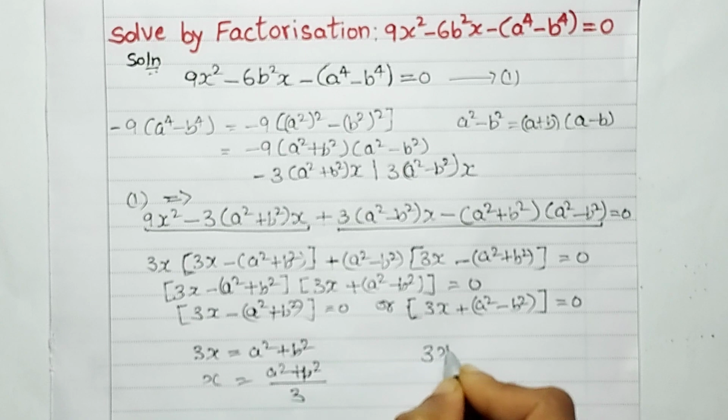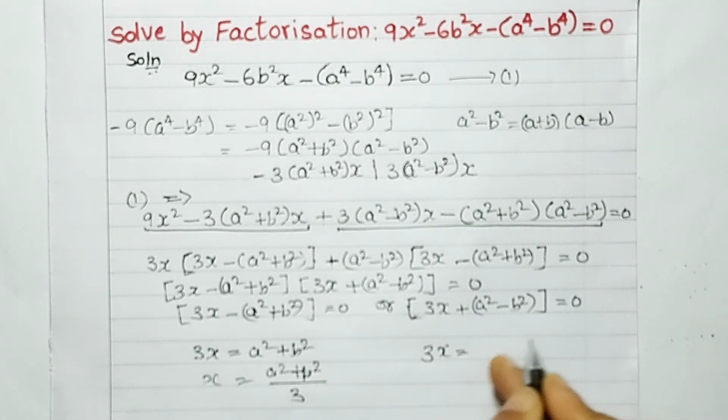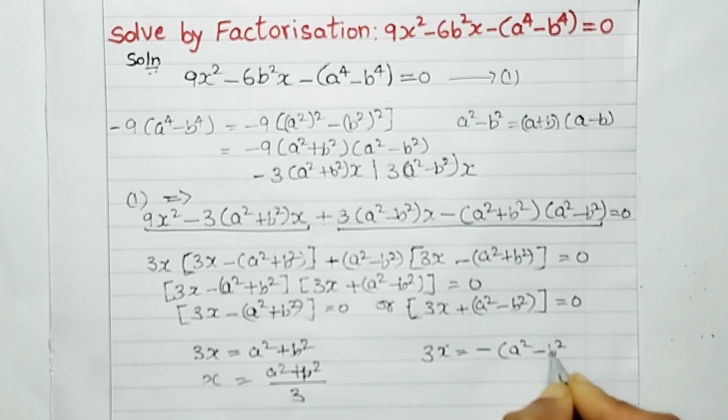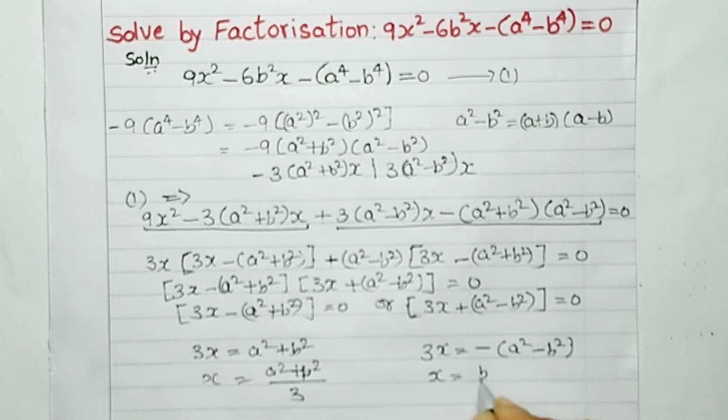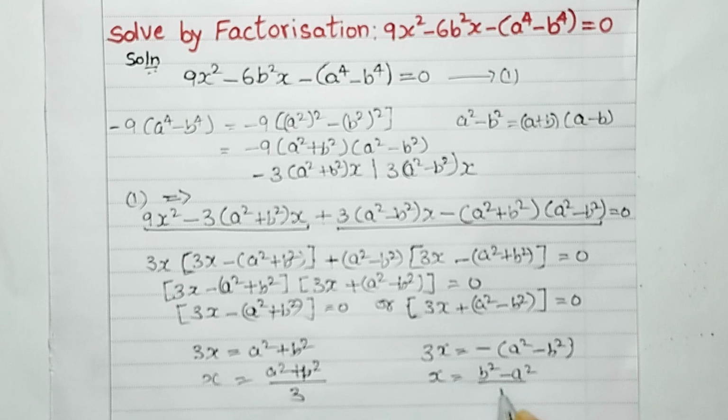Or in 3x + (a² − b²) = 0, shift (a² − b²) to the right-hand side, that is −(a² − b²), so x can be written as x = −(a² − b²)/3, that is (b² − a²)/3. These two are the solutions, or roots, of the given equation.